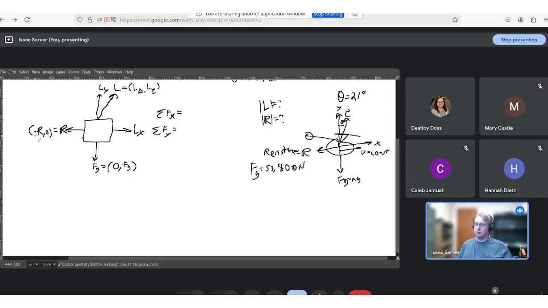I've kind of hinted at which one should be negative, but it doesn't have to be. So I need to sum my forces in the horizontal direction. So I have an Lx and a minus R, right?